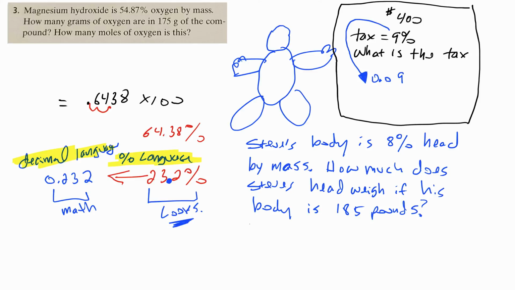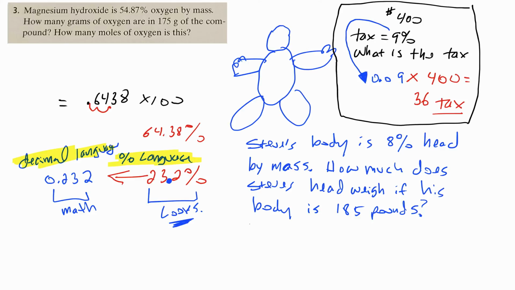All right. Now you multiply that by 400, and that tells you how much the taxes are. How much 9% is of 400. So if you're going to buy an Apple Watch, what's it going to be? Yeah, that's $36 in taxes.